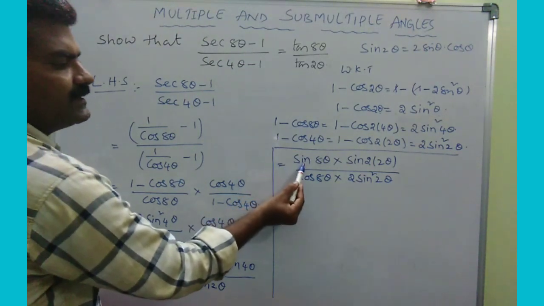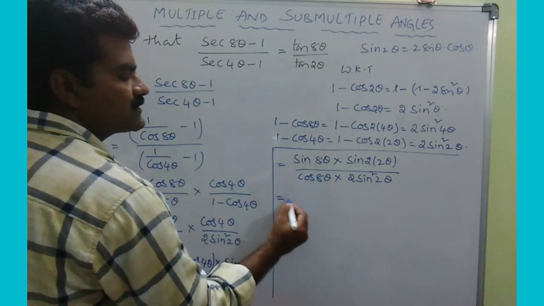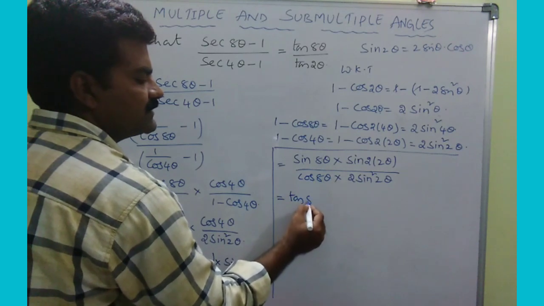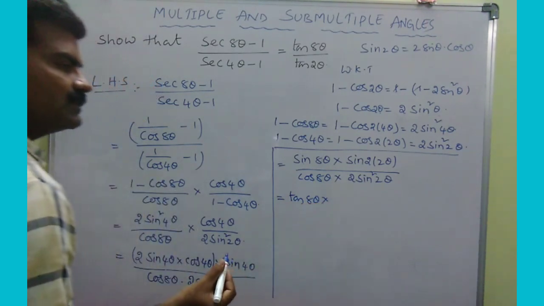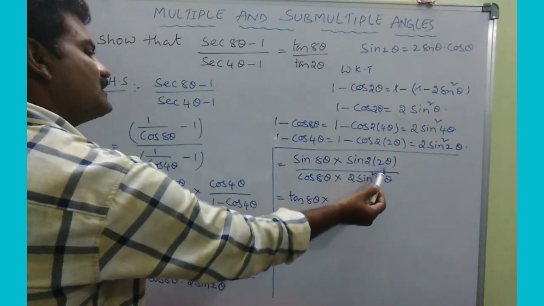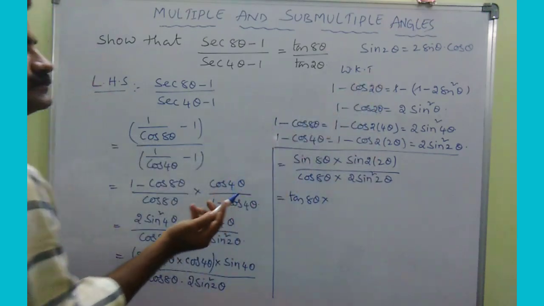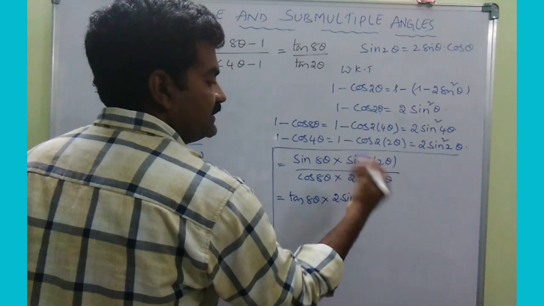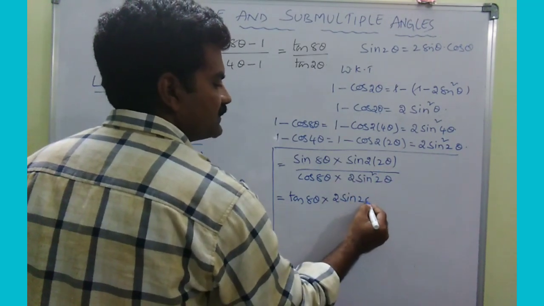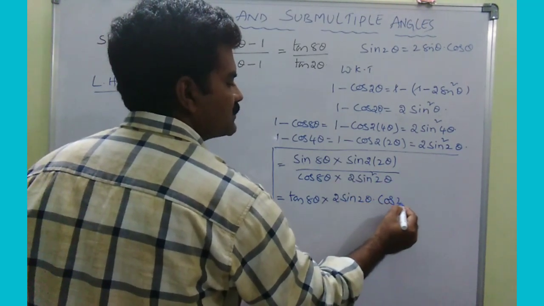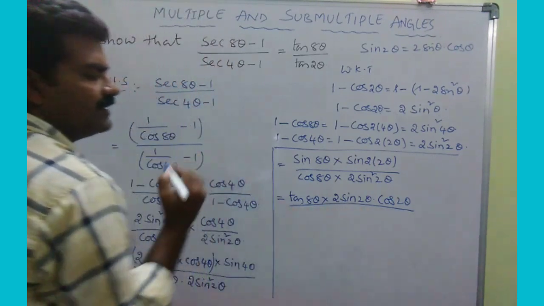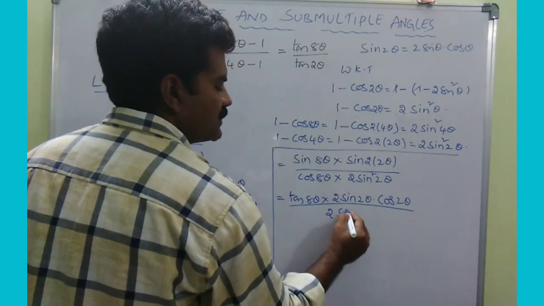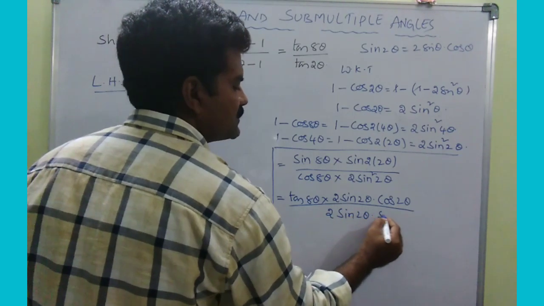Now sin 8 theta by cos 8 theta, sin by cos is tan, and the angle is nothing but 8 theta. So look at this, it is just like once again sin 2 theta. So this is 2 sin theta, theta meaning here 2 theta, into cos 2 theta, whole divided by what we have here, 2 sin 2 theta into sin 2 theta.